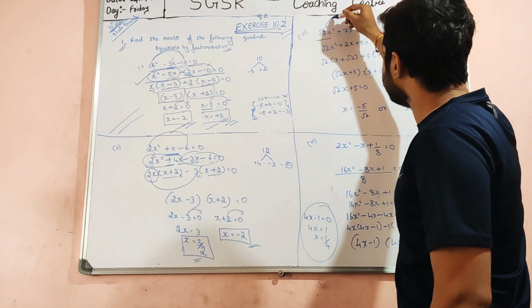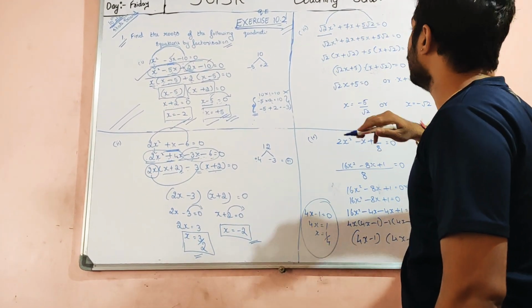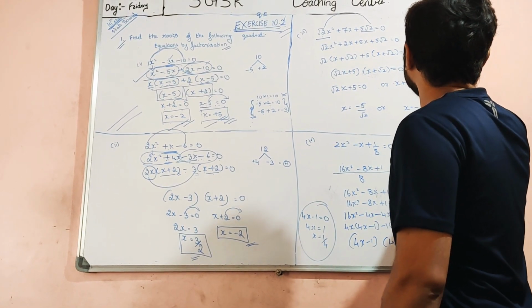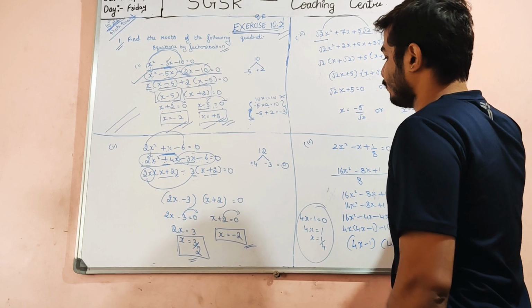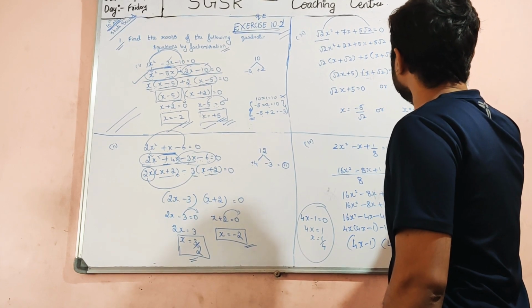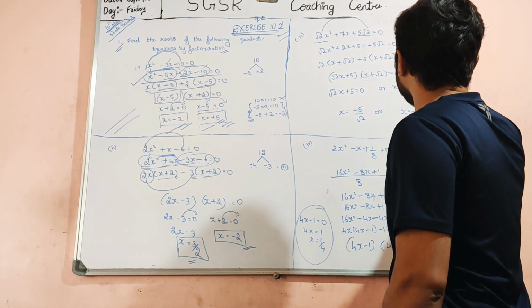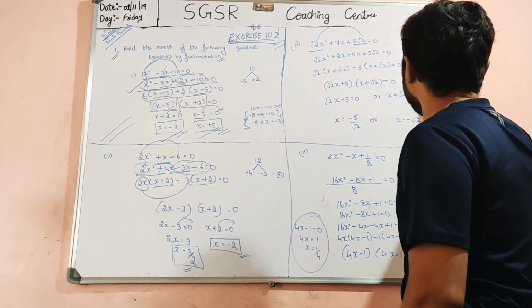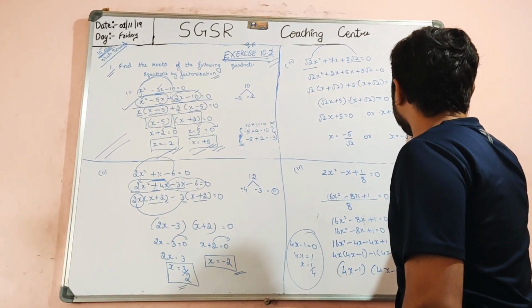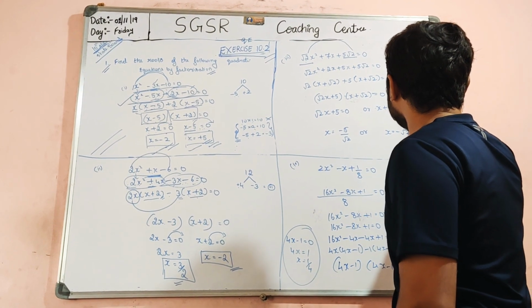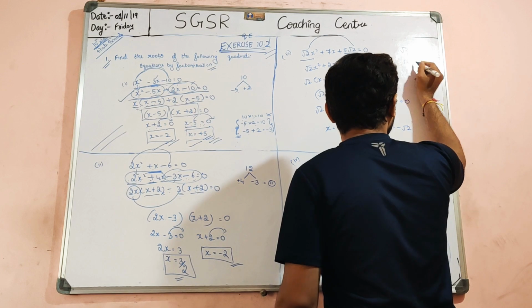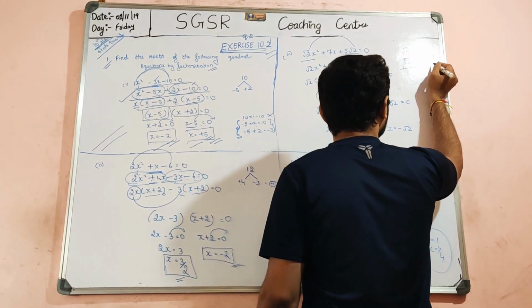Now carefully observe these root values. First multiply these two values: 5 root 2 into 5 root 2. Root 2 into root 2 is nothing but 2, students. You should remember this value.